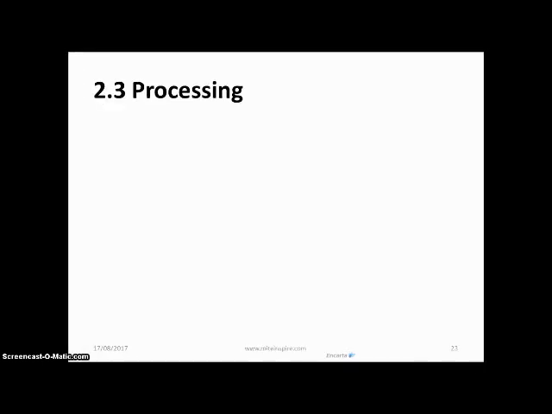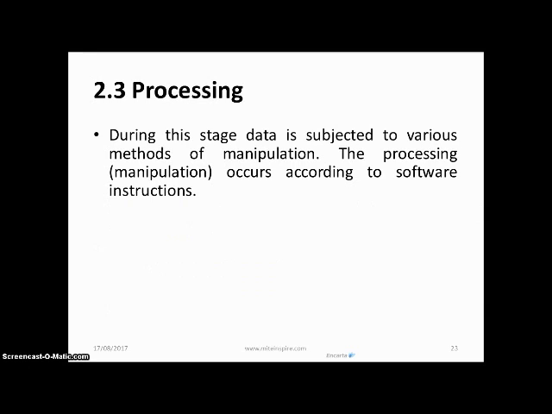Now let's move on to another stage of the data processing cycle, and this involves processing. This is the 3rd stage. Processing, of course, is when data is manipulated according to programmed instructions so that it can produce the required information. This is achieved by a central processing unit, or central processing units if it is a multi-processing system.